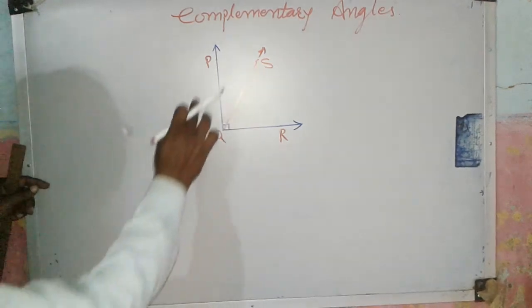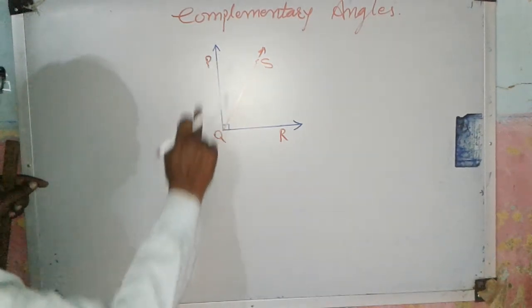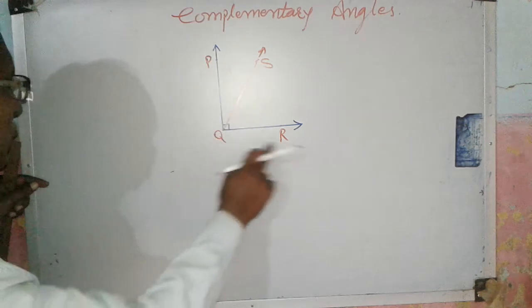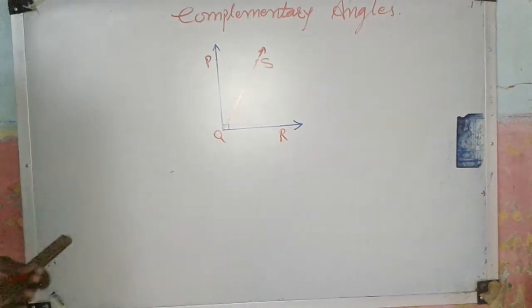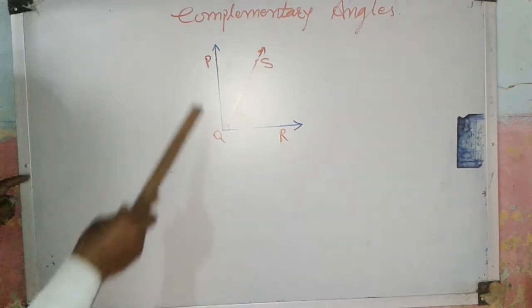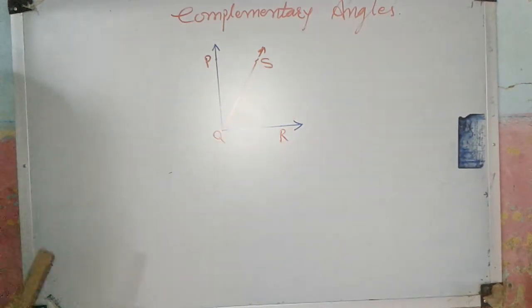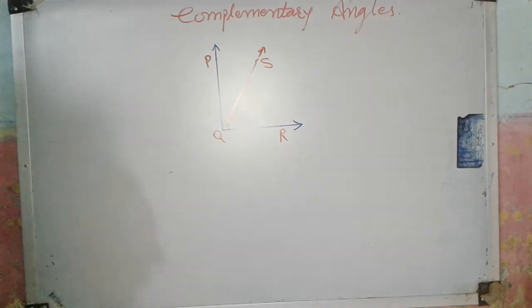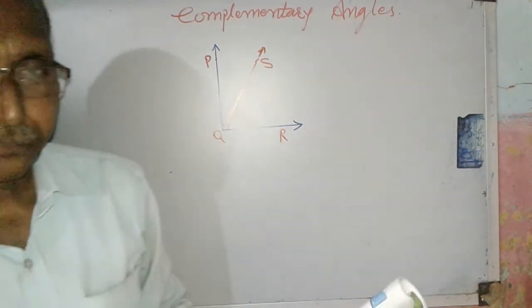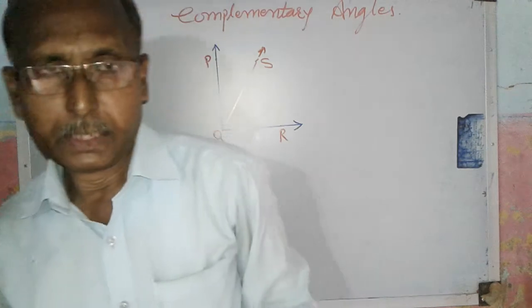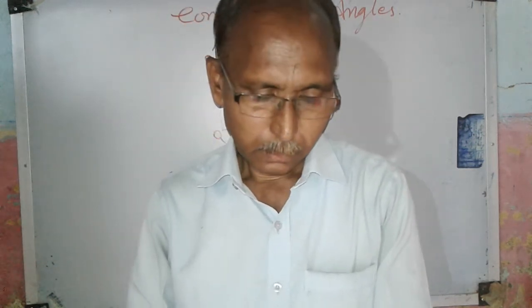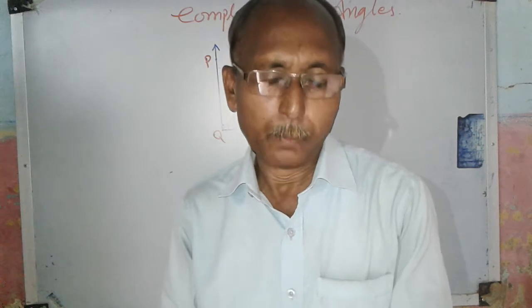That means the sum of these two angles, angle PQS plus angle SQR, is equal to 90 degrees, and such a pair of angles is known as complementary angles. Complementary angles means if the sum of the measures of two angles is 90 degrees, they are known as complementary angles.